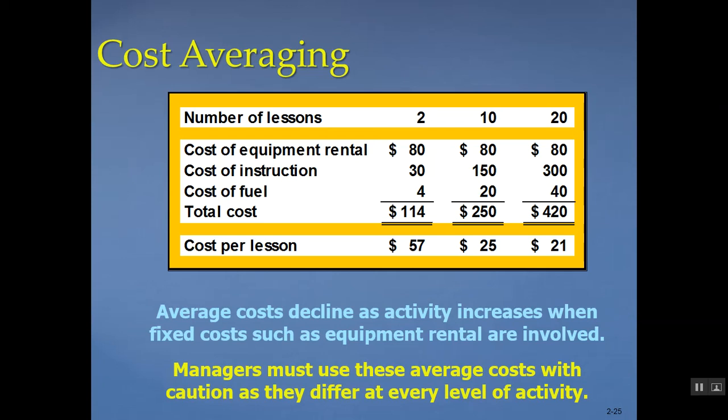So because there is a fixed and variable component, we can't just take the average of these costs, or else we can't charge lessons of $57 per lesson when there's only 2 that day, and then the next day say, oh, lessons are going to cost us $25 today. Customers wouldn't be happy with a constantly fluctuating price per lesson.